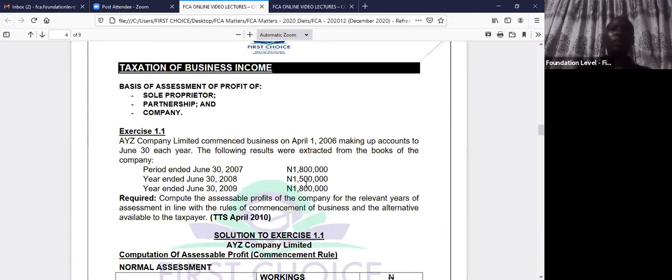Let's say, for example, you went to incorporate your business with CAC, you submitted your form, and they registered it on, let's say, November 17, 2019. And you commence business January 1, 2020.